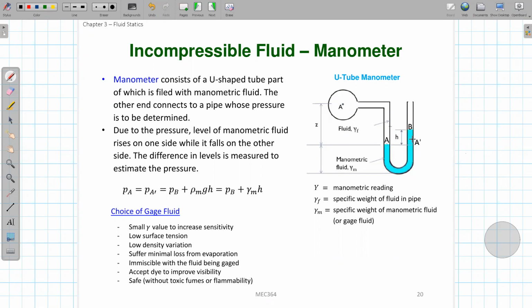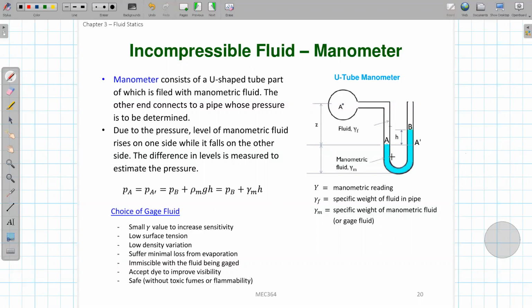Also, for this experimental equipment, we want to choose a fluid with low surface tension, because of the capillarity effects we mentioned in the last chapter when we read these levels. If there is high surface tension, depending on whether it is a wetting or non-wetting fluid, the fluid level at point B may not be a straight horizontal line. It may have a curve, making it very hard to read, so we try to avoid that.